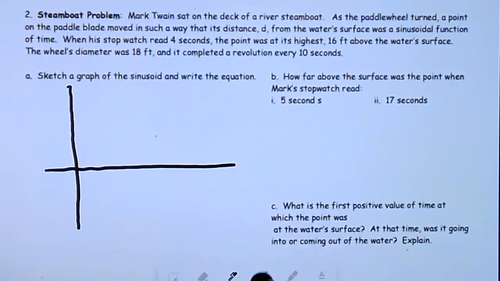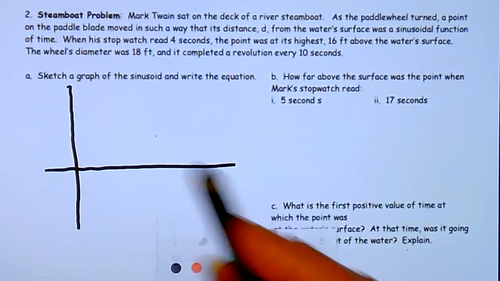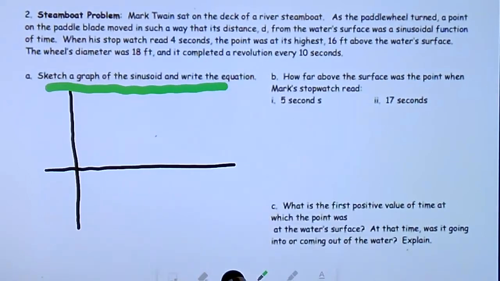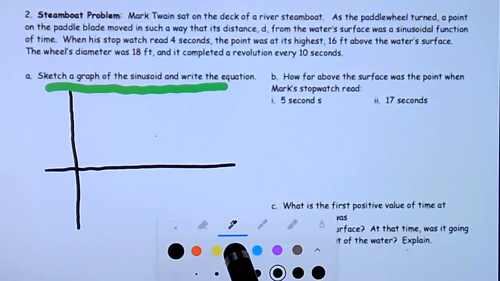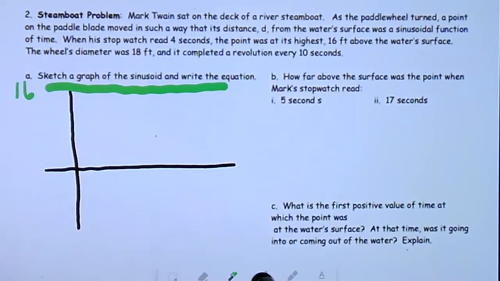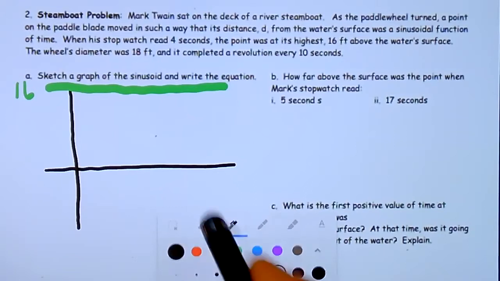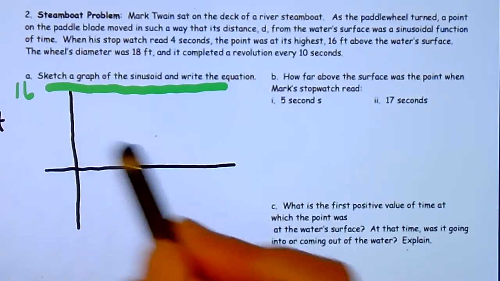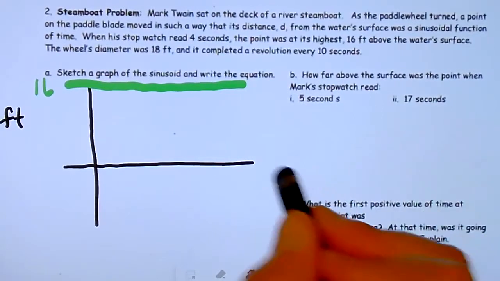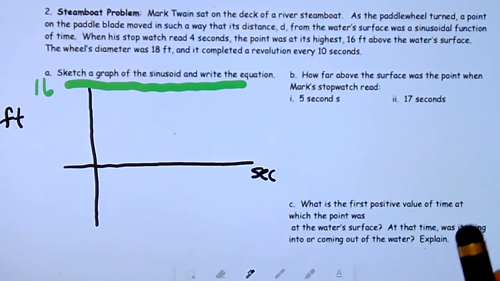So let me get my high. Okay, the high here, let me draw that in. My high is at 16. Again, this is feet, should have labeled that. This is going to be feet above the water, and this is going to be seconds.